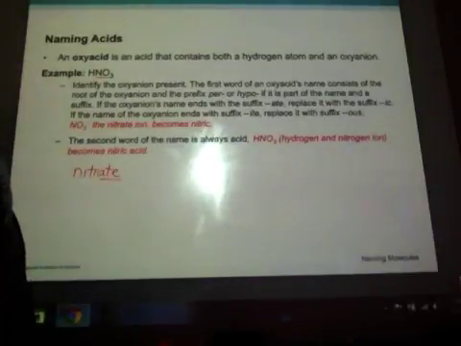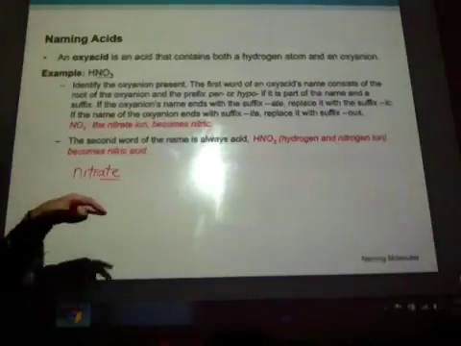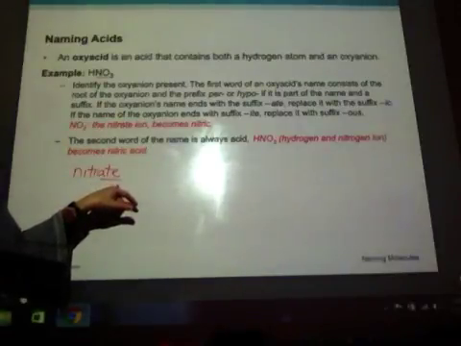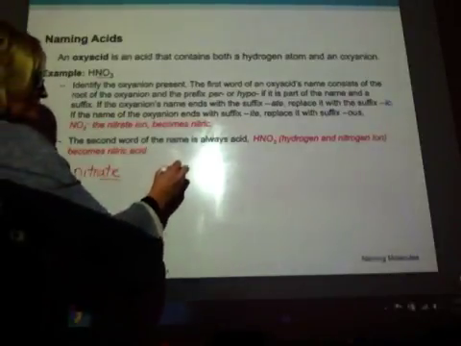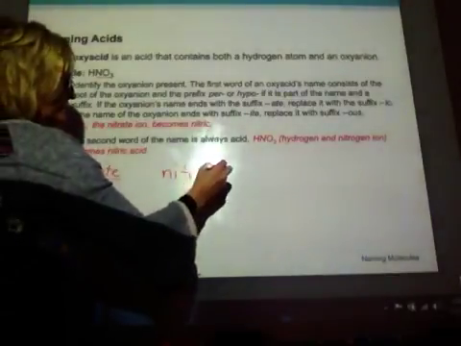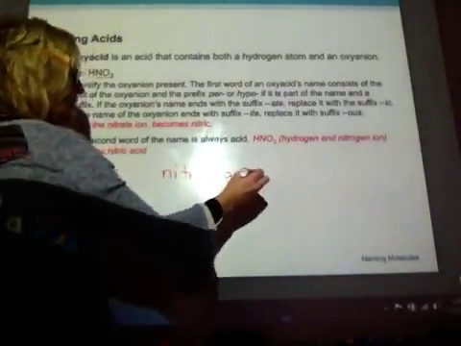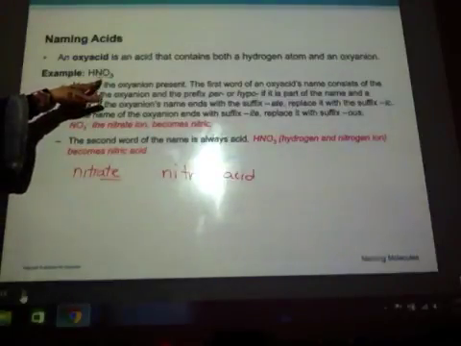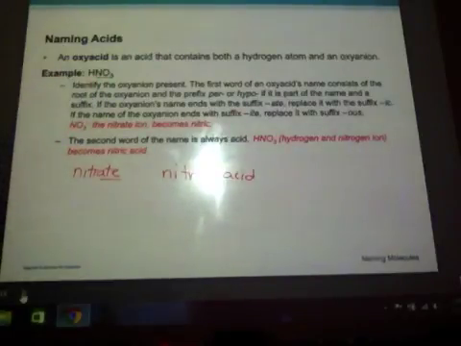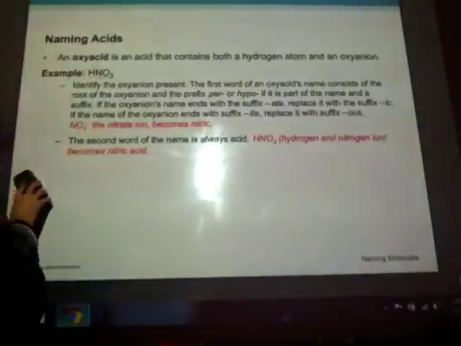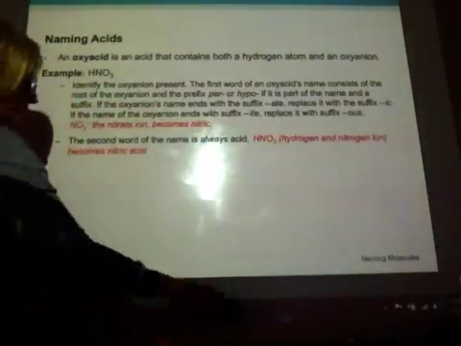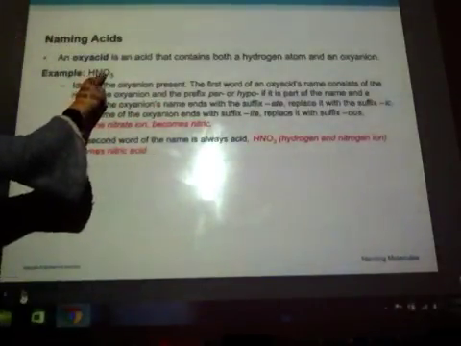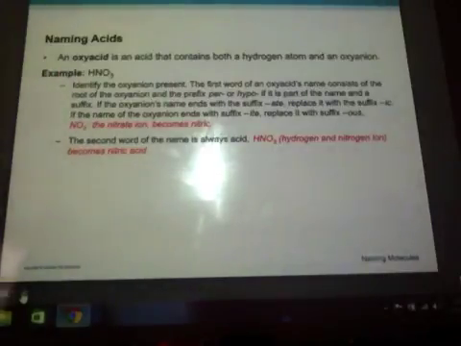Looking at your table, if it ends with ate, what do I change ate to? Ic. So this would simply be nitric acid, because the anion ends with ate. It is an oxyacid simply because it has hydrogen and oxygen in it.